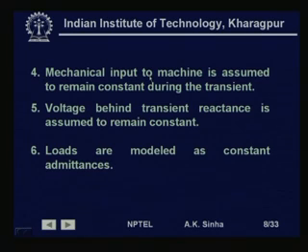That is, if the speed goes up, the speed governor will try to reduce the mechanical input. If the speed goes down, then it will try to increase the mechanical input by opening the valve a little more. So, what we are assuming is that the speed governing system is slow and its effect we are ignoring.